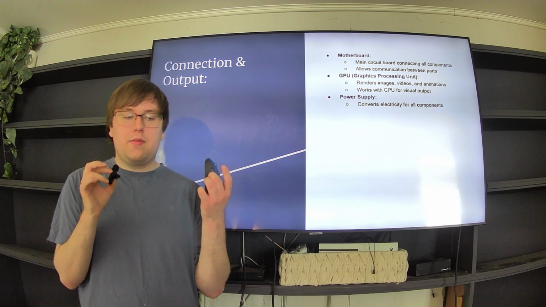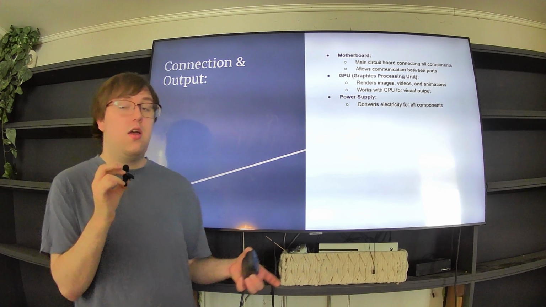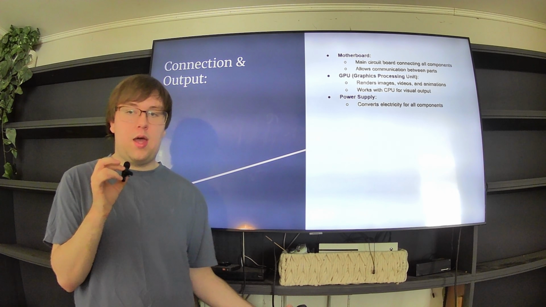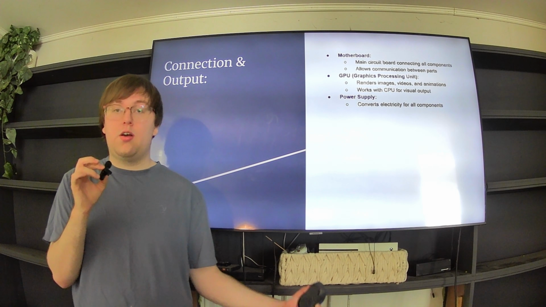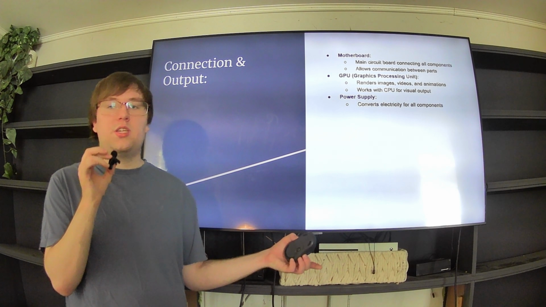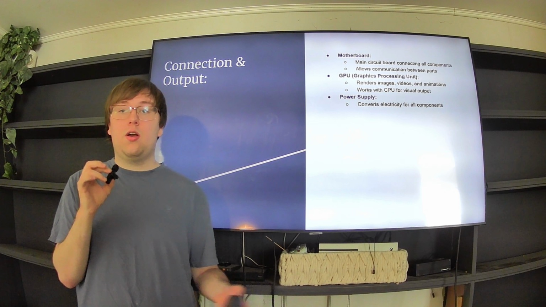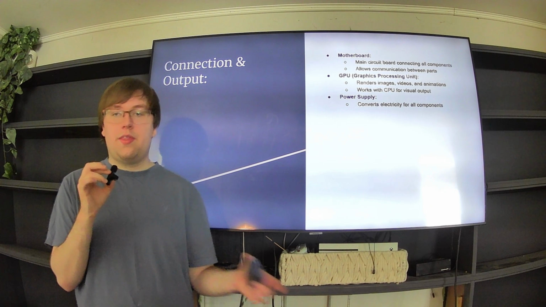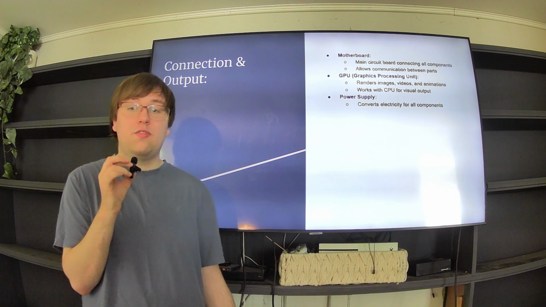Think about your TV, which also has a graphics card. Anything with a visual output has a graphics card, so it can give you clear images. It also works with the CPU. The power supply converts electricity into power for all components. Without the power supply, the computer's not going to run. It's not even going to turn on.